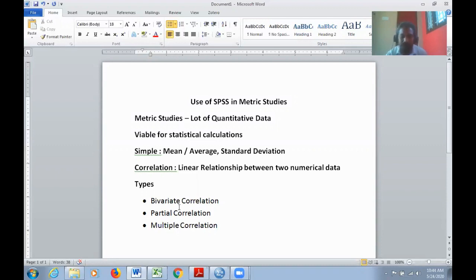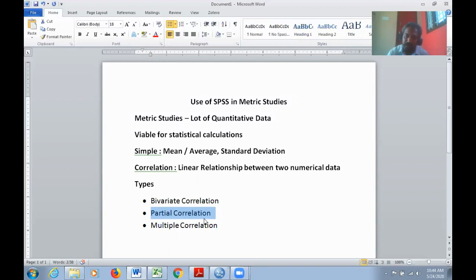Or between total citations and self-citations. So any two variables can be taken for analysis by means of bivariate correlation. But when it comes to partial correlation, you take all the variables, number of papers published, number of total citations received, number of self-citations received.